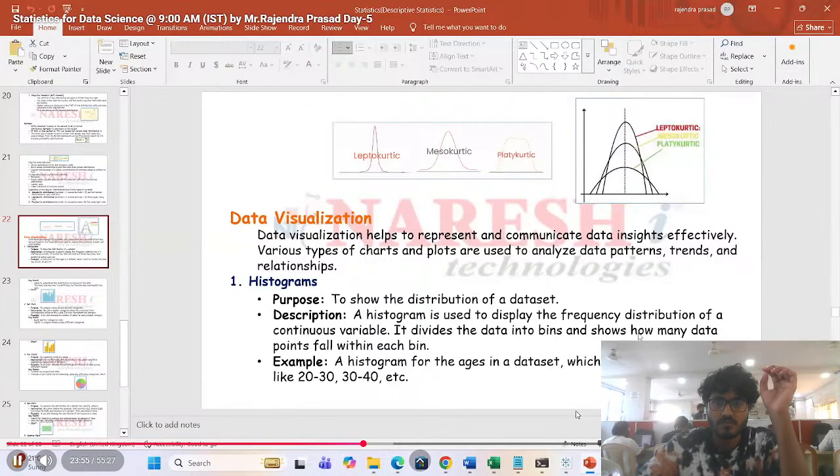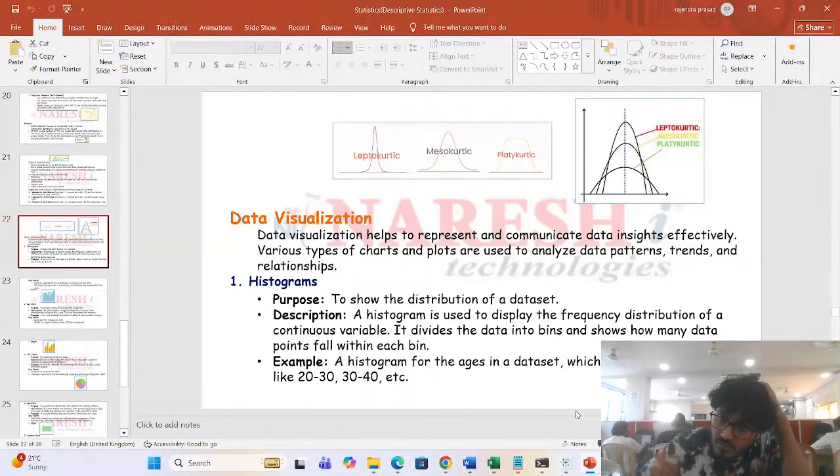Yes or no? The various types of charts and plots are used to analyze data patterns, trends, and relationships. See, the primary chart that we are going to use is the histogram.